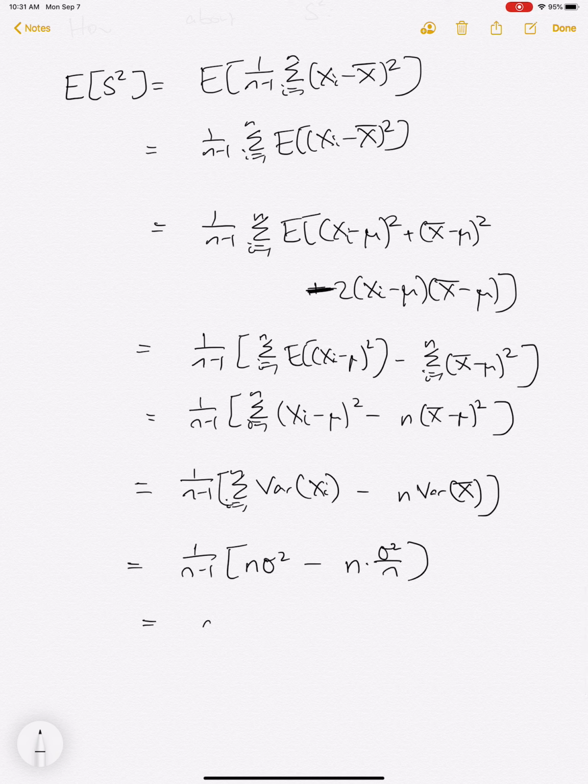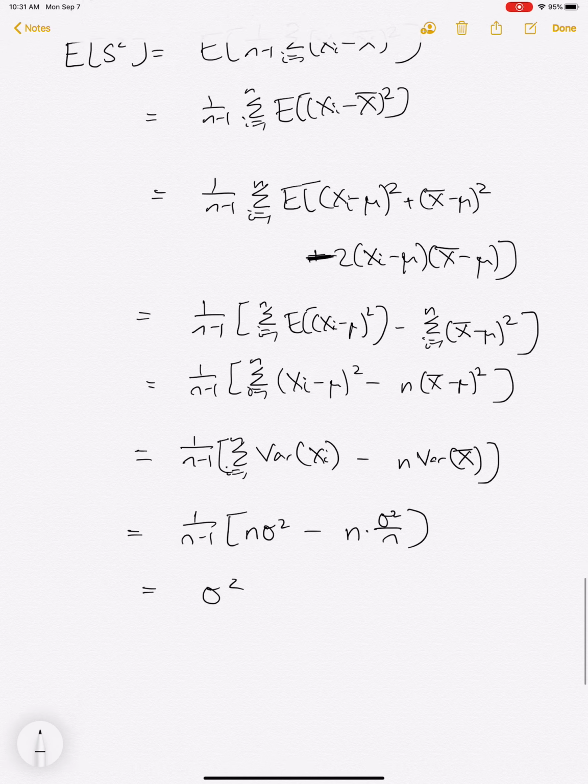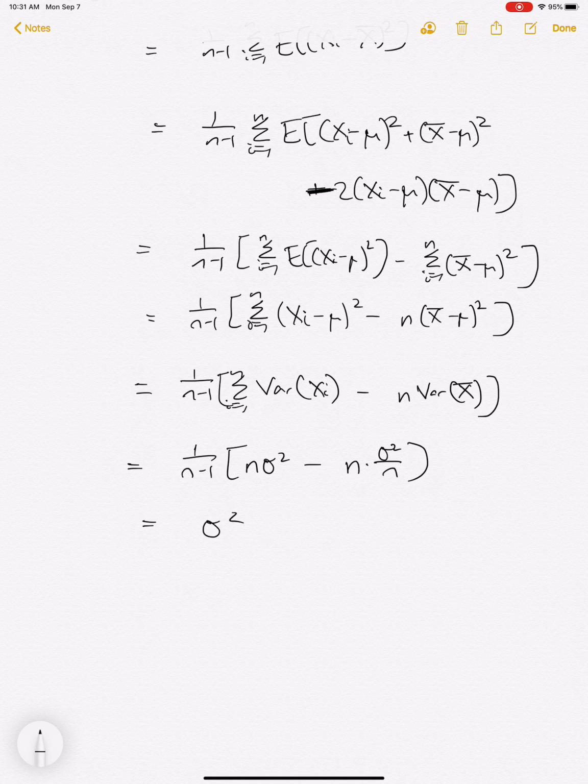And so this gives us exactly sigma squared. And again, that's where the n minus 1 comes from, because it means that the expectation of s squared equals sigma squared. And as I mentioned, if you replace the little n minus 1 with a little n, it's not going to make things too different, provided your little n is reasonably large.